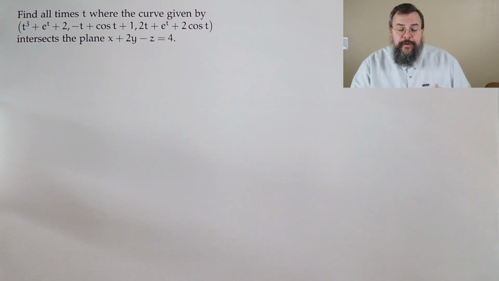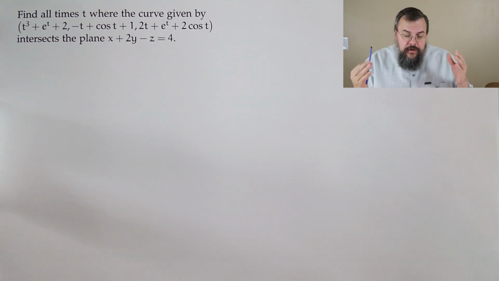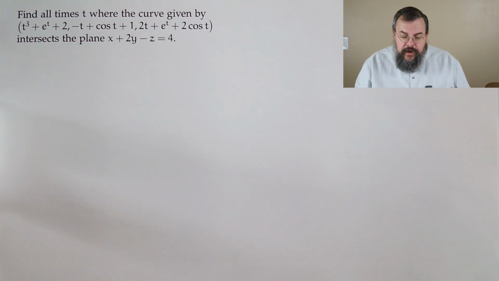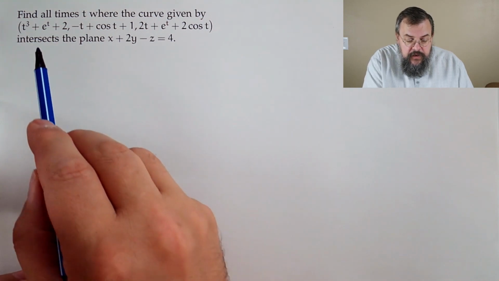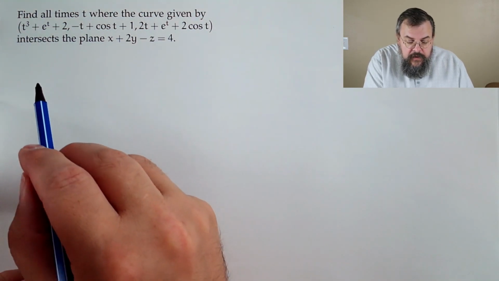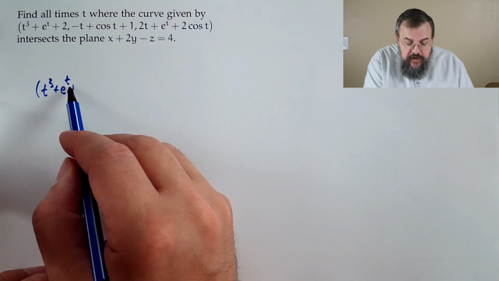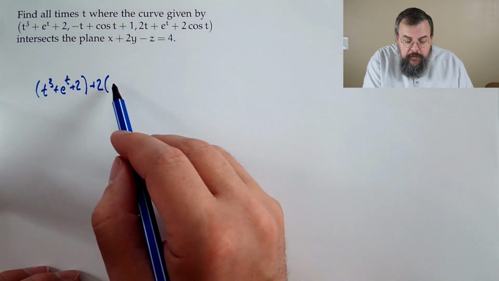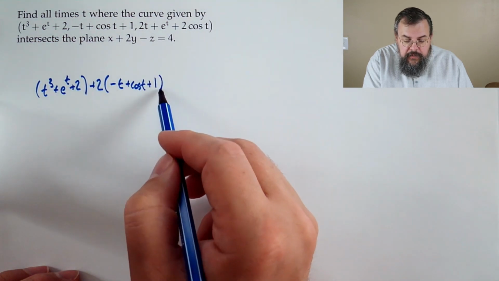All right, so how do we do it? Well, we just say, look, I want to know when do I hit the plane. The way I do it is I know what x, y, and z are. So I put those in. So for instance, x is t cubed plus e to the t plus 2. All right, and then y minus t plus cosine t plus 1.